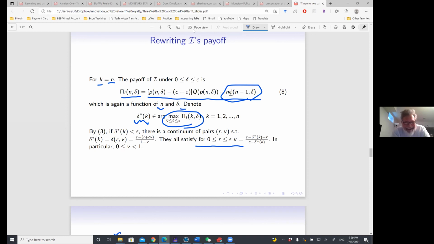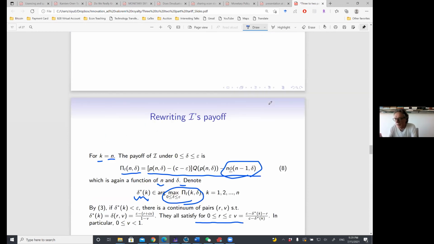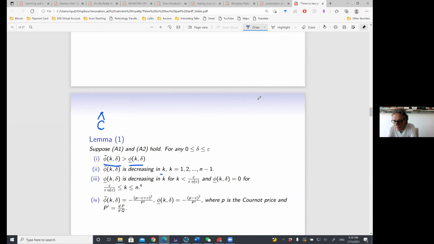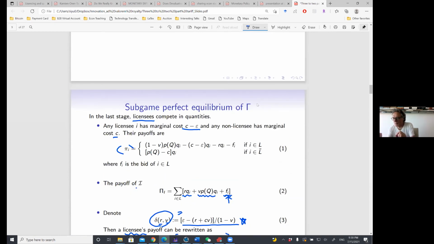No problem. Okay, let me just mention, because we have another minute, why we need that assumption that's a little bit awkward, A3, which is satisfied by linear demand, and more than linear demand, but it is a constraint. Let me explain.